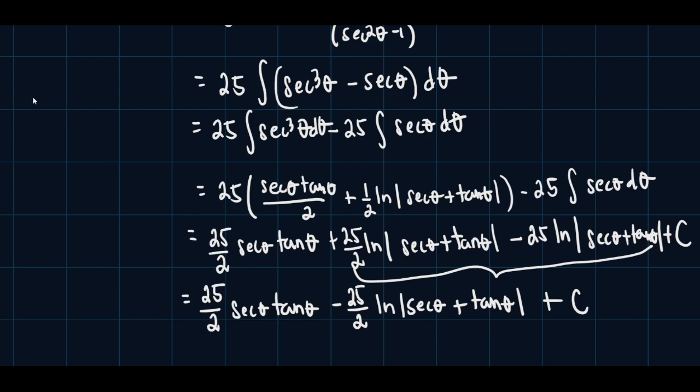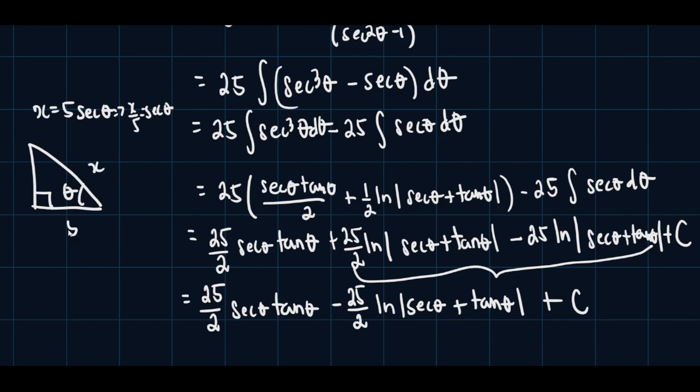So we again make use of the substitution used. X equals 5 secant theta. Draw a reference triangle. This would mean that x over 5 is secant theta. Or, hypotenuse is x, adjacent side is 5. This would mean that this is square root of x squared minus 25.